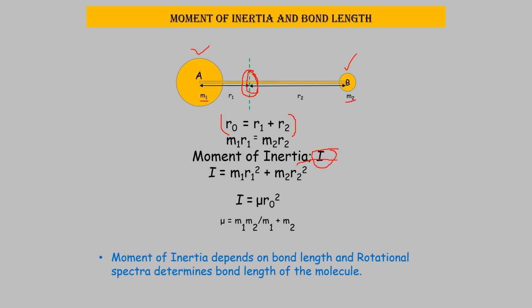Now we know M1R1 equals M2R2, so by replacing the value here, we get I equals R1 into R2 into M1 plus M2. Combining the equations R0 equals R1 plus R2 and I equals R1 into R2 into M1 plus M2, we get I equals M1 into M2 by M1 plus M2 into R0 square, which is nothing but I equals mu into R0 square, where mu is known as reduced mass.